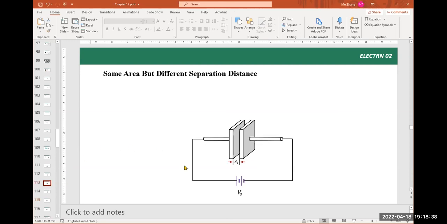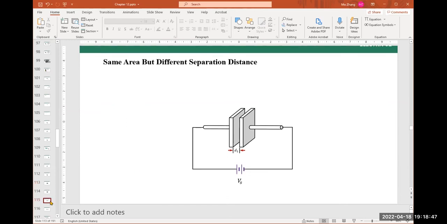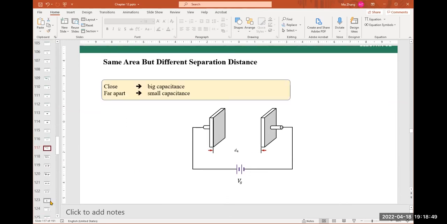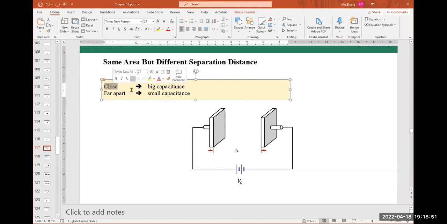If you put the plates very close to each other, they have relatively bigger capacitance. So let's write this down. If the plates are close to each other, bigger capacitance. If the plates are far apart, small capacitance. So this is our first experiment. Any questions here? Any confusions here?